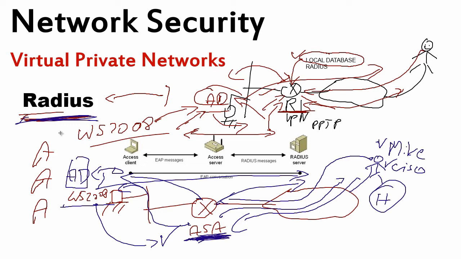For VPNs, the most popular protocol is Radius because, again, it is very, very, very easy to set up in Windows Server 2003, 8 and 12. It's very similar to PPTP. When I discussed PPTP, I said it was very easy to set up. The same applies to a Radius server.